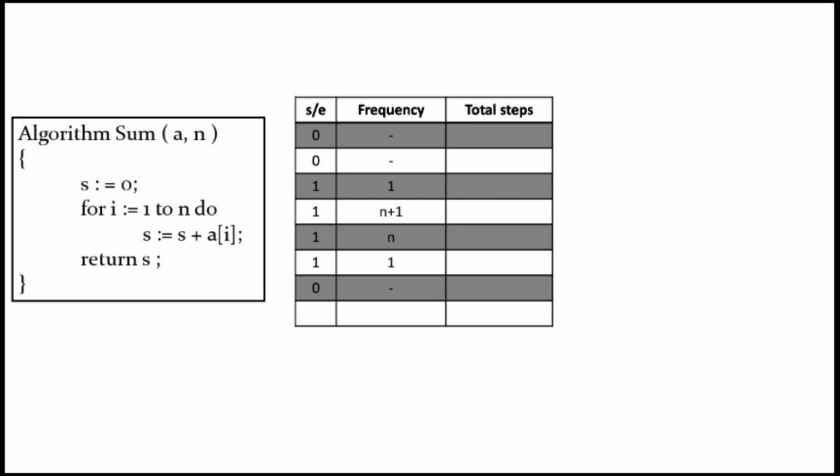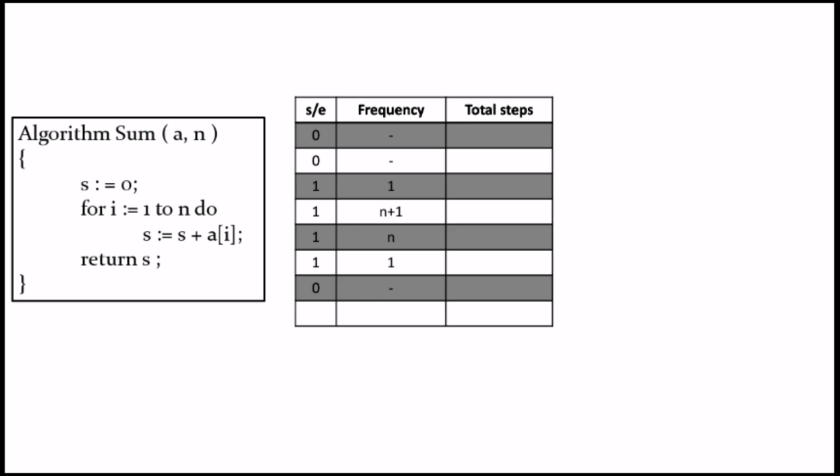So the frequency will be n plus 1. Suppose the value of n is 10, so this for loop will be repeated 10 times for the true condition and 1 time for the false condition. So the total will be 10 plus 1, or you can say n plus 1.